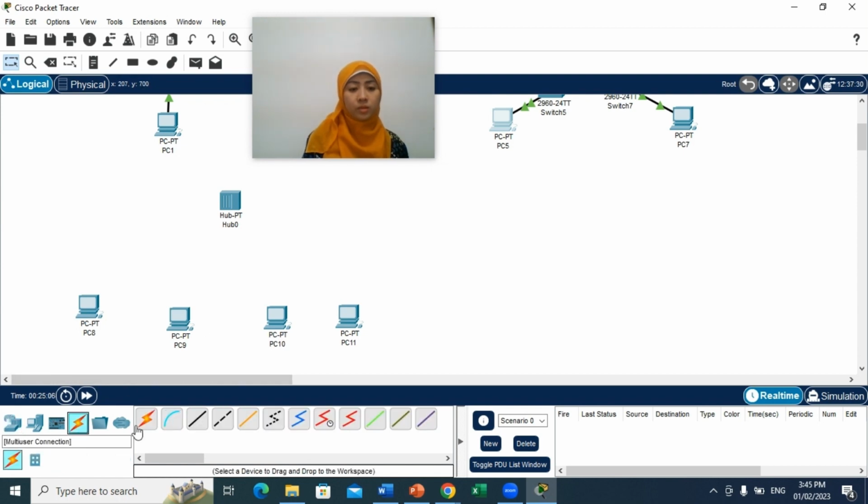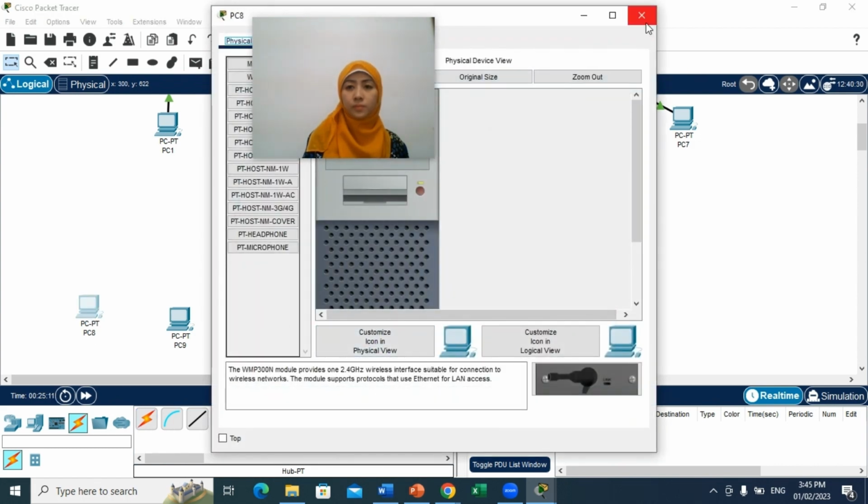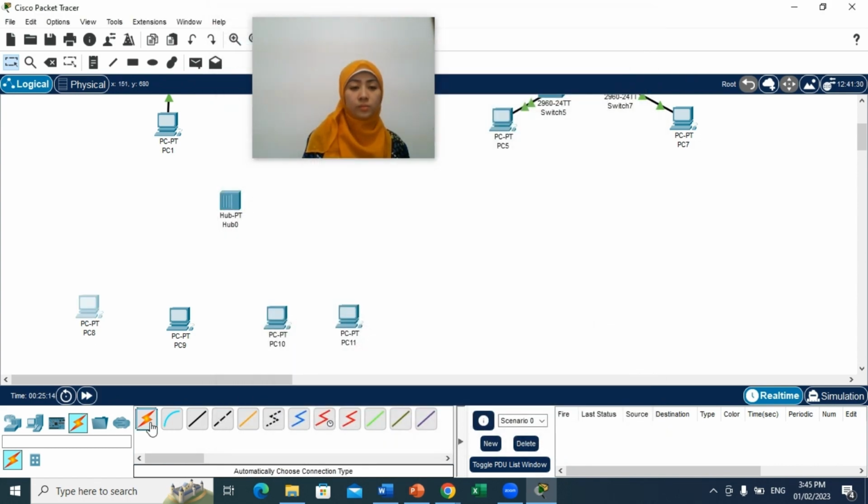Now we will connect this to the hub. All of these end devices we will connect to the hub. So there you go. We have already our star topology.